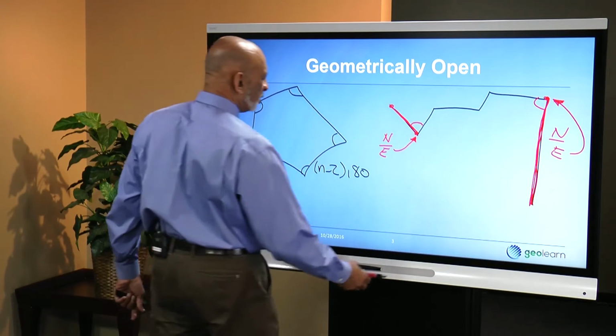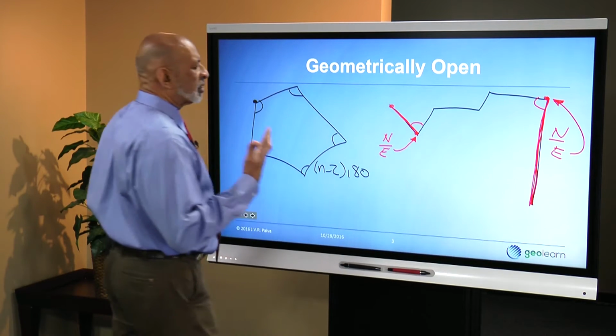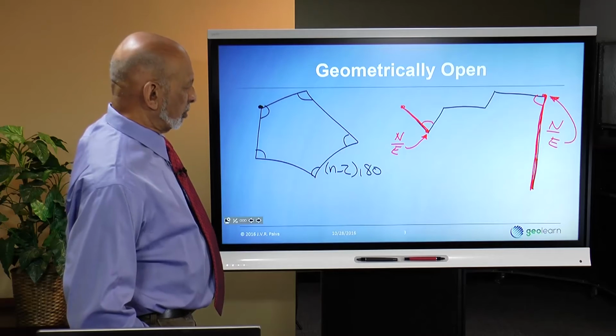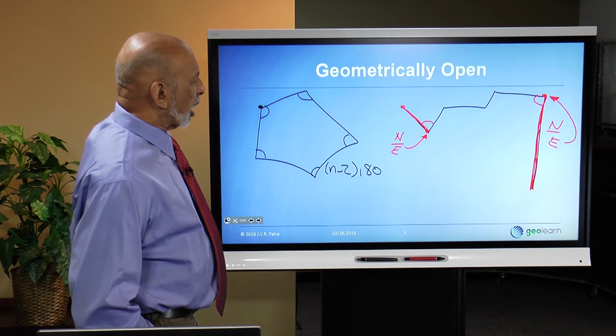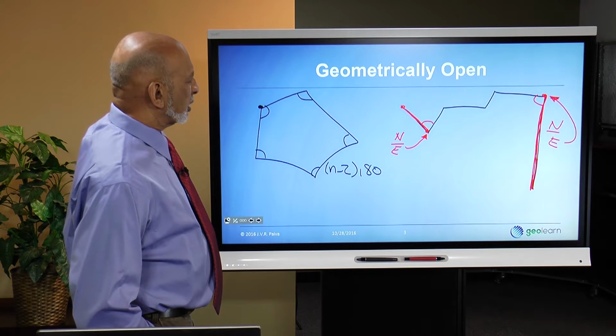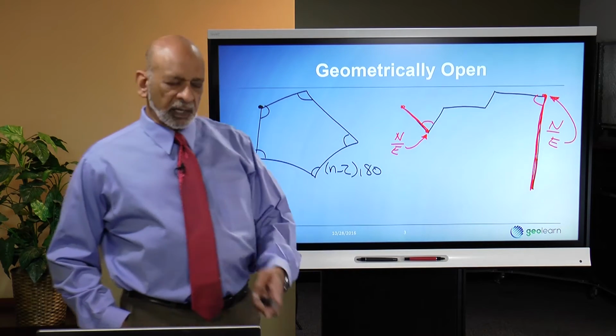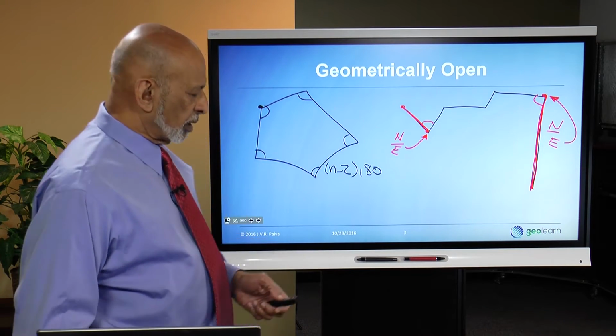That's entirely possible. In fact, when most cross-country surveying is done for various projects, whether they are highway projects or geodetic surveys, it's very common that they're geometrically open and yet mathematically closed.